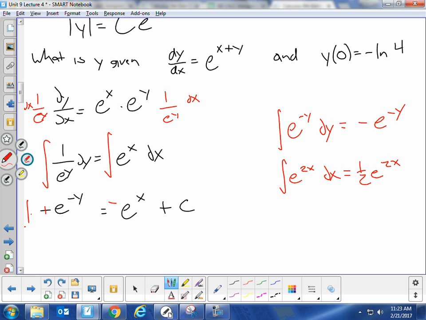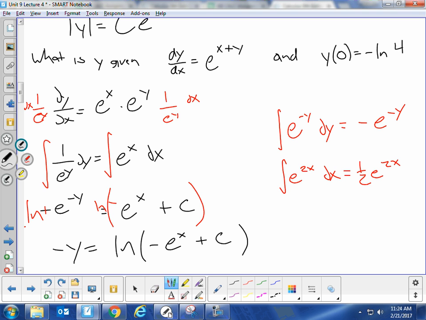Then, after that, I would take the natural log of both sides, giving me -y is equal to log of negative e to the x plus c. Don't simplify because you're adding. If it was just log of negative e to the x, you could do some stuff with that. I don't even think you could do some stuff with that.